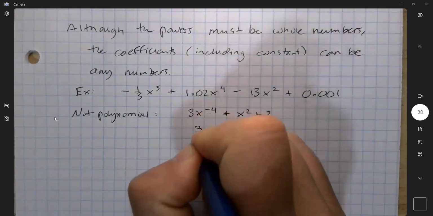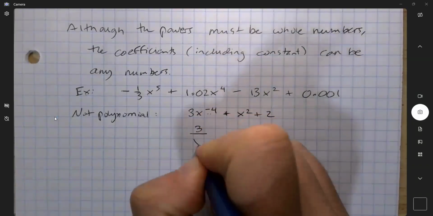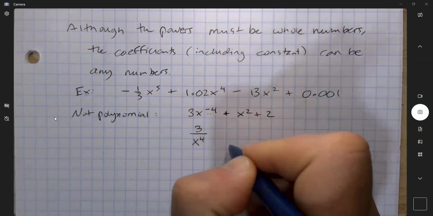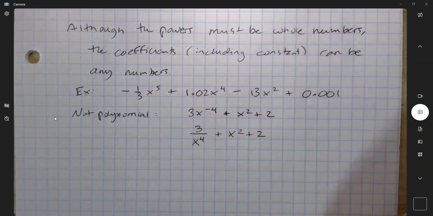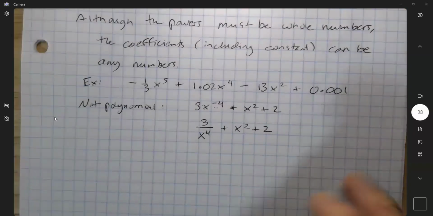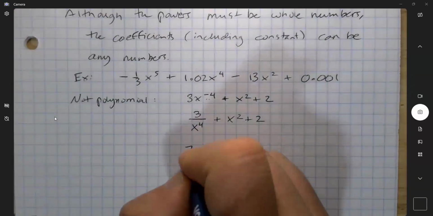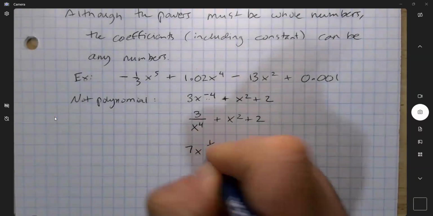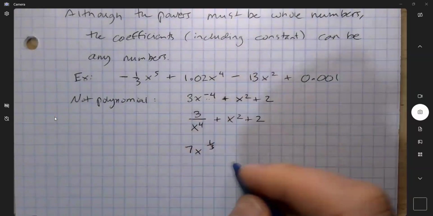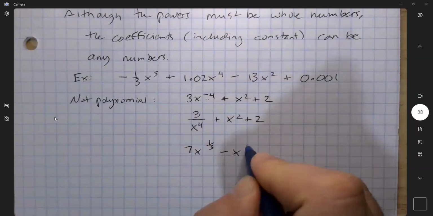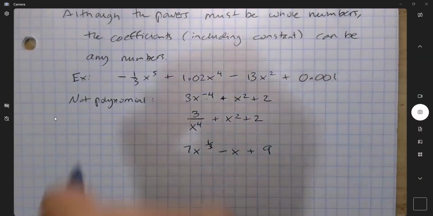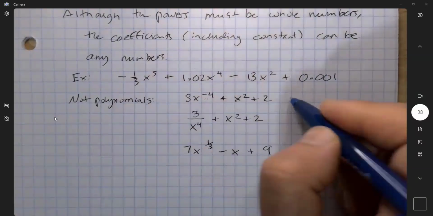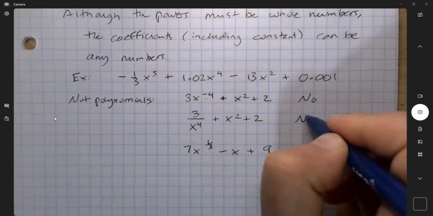If I have an expression where the power of x is in the denominator, also not a polynomial. And if I had a power that was not a whole number, like 1/3, also not a polynomial. So these three are not polynomials.